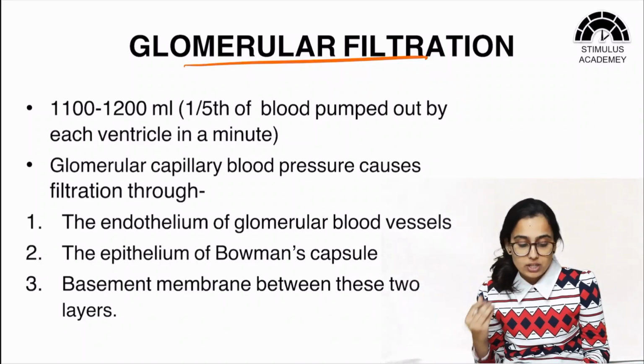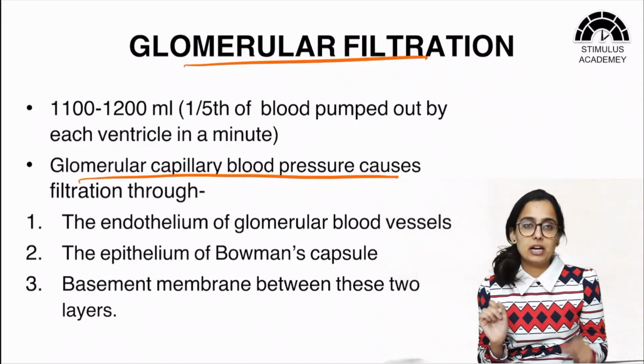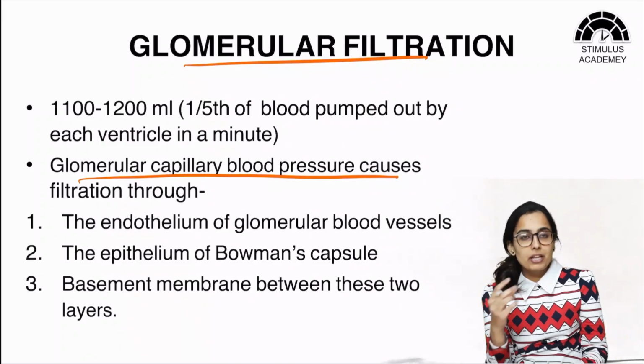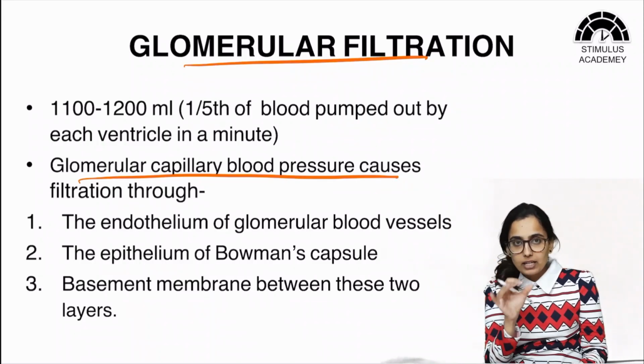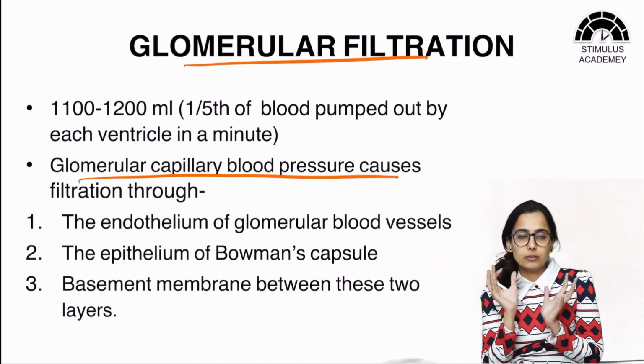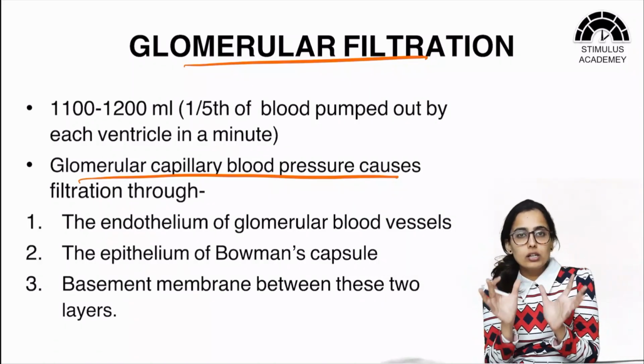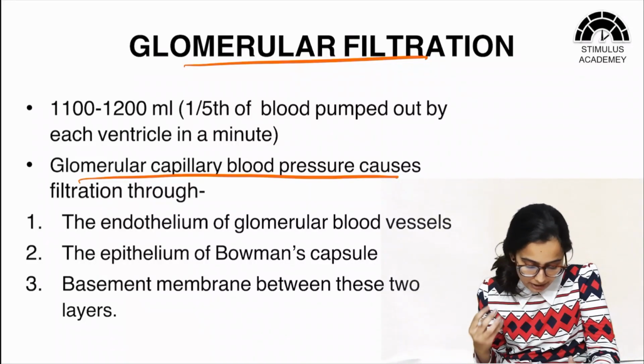So the driving force here is the glomerular capillary blood pressure. That is the blood pressure inside the glomerular capillary that will push the blood into the Malpighian corpuscle, into this whole glomerulus.